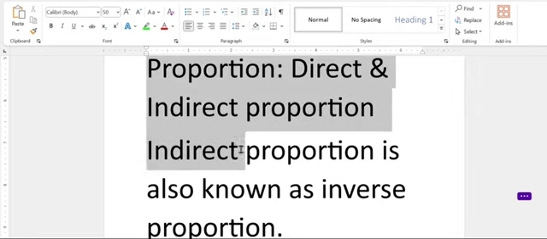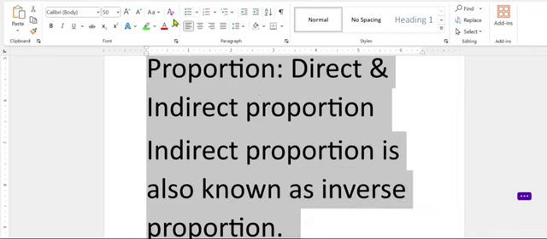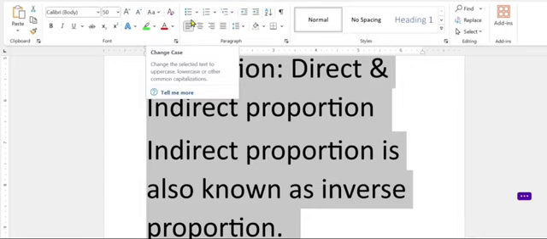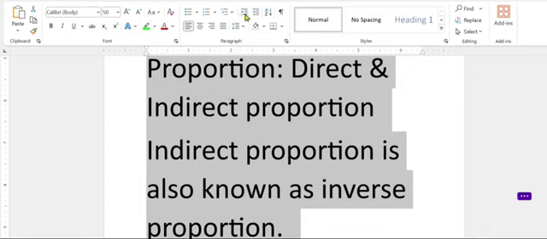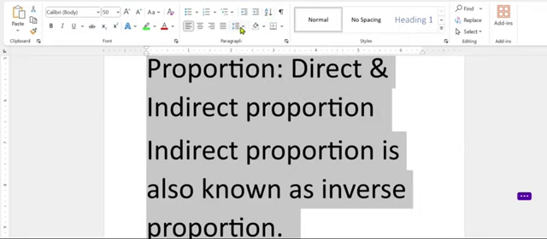Indirect proportion is also known as inverse proportion. So I hope you got that.